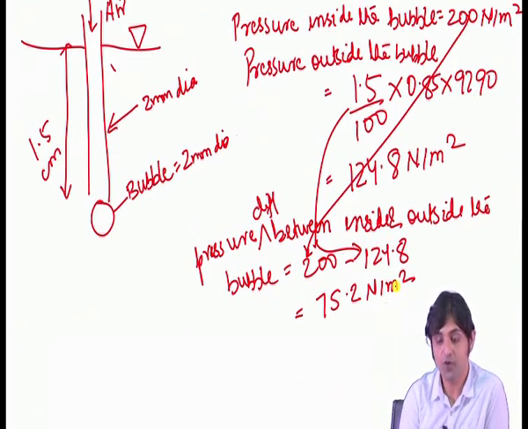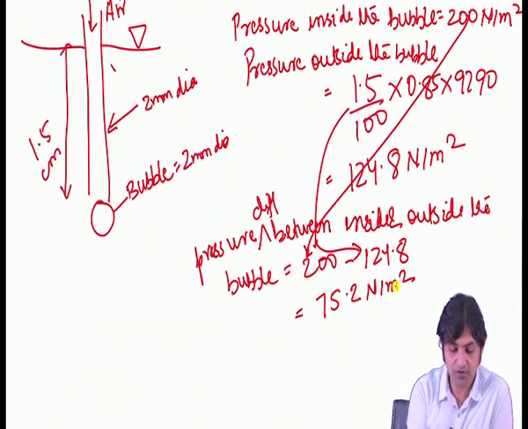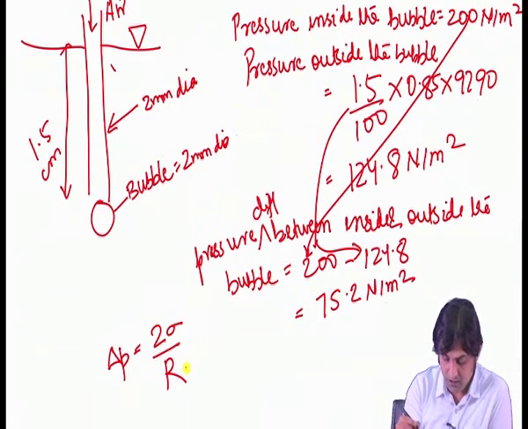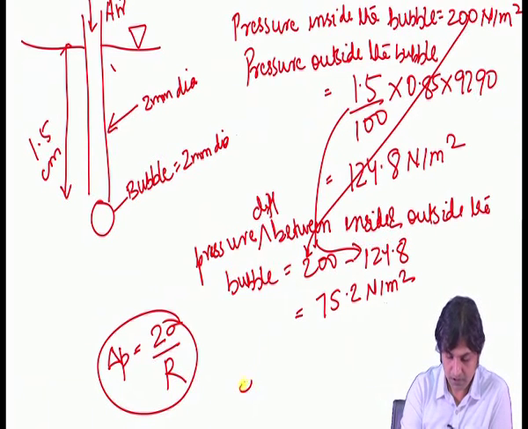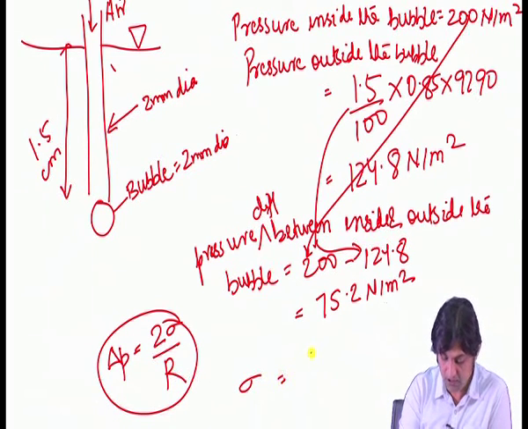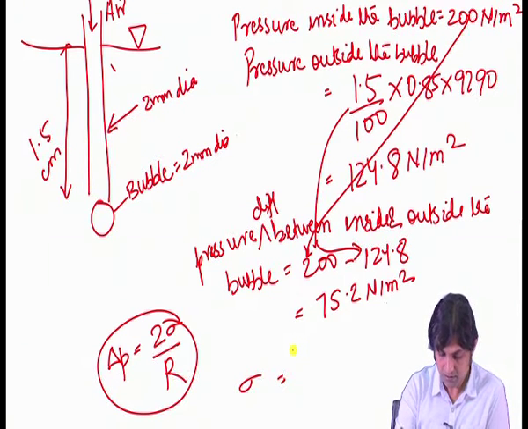So what was the formula for the pressure difference that we have seen a couple of slides before? That delta P is equal to 2 sigma by R, right? Correct. So using this equation, we just substitute the value.